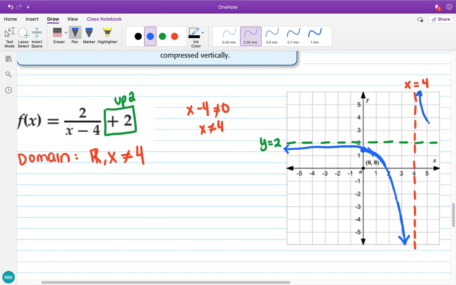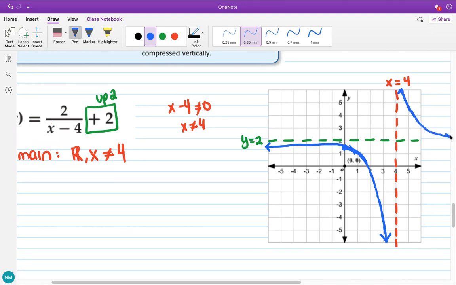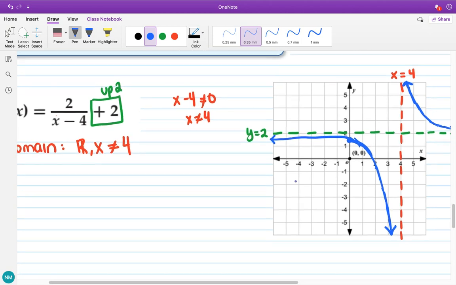And I know that this is going to be a reflection, so technically it's going to be a little bit more out there, because these should be equidistant from here. So there's your sketch of the graph. It is not a perfect graph. We have not plotted points. I'm just getting you used to what it's going to look like.